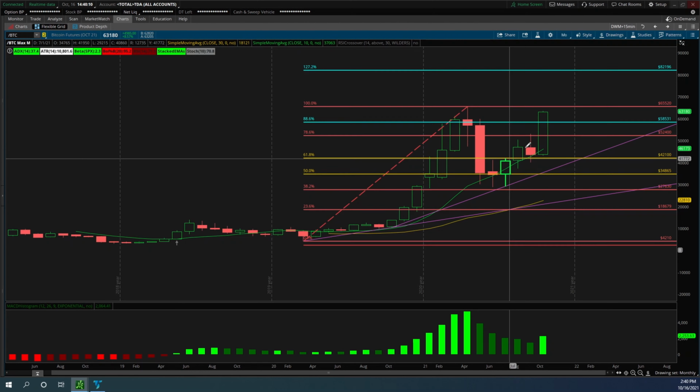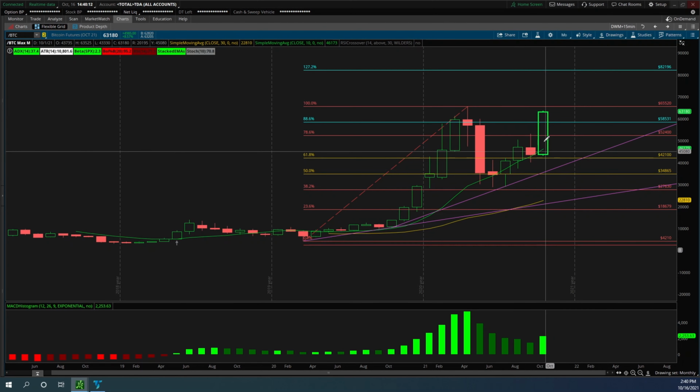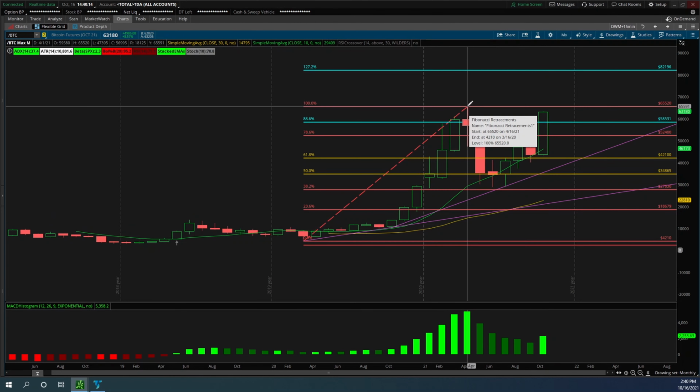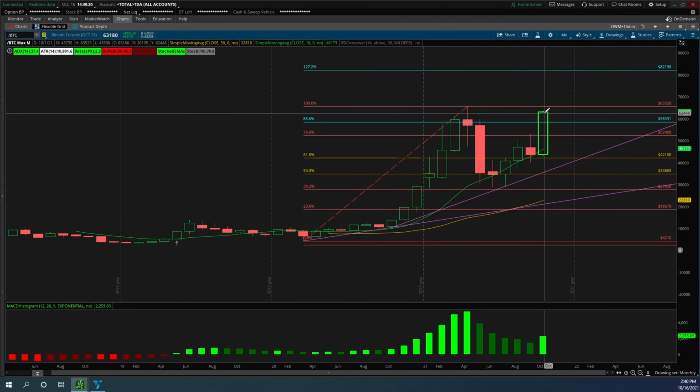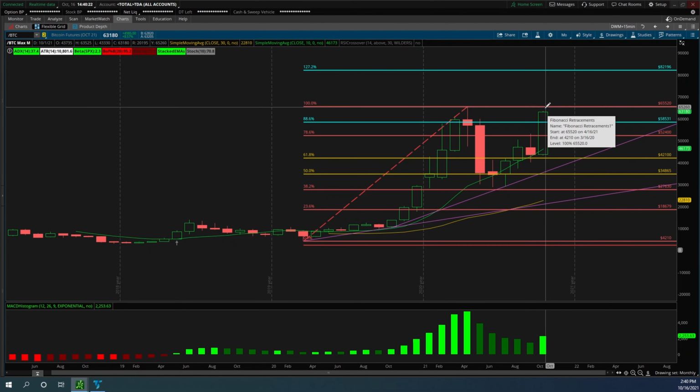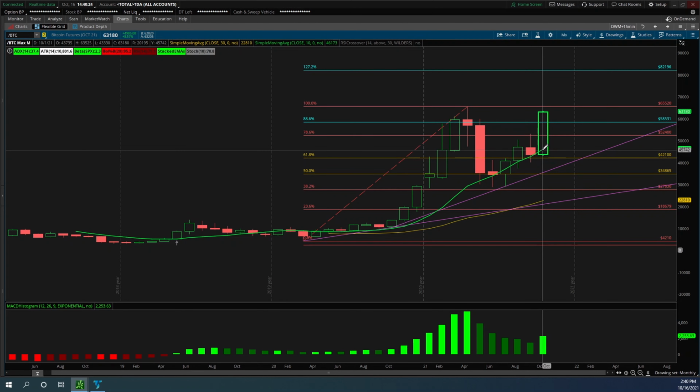So what we're seeing here is a total retracement from this high, and the expectation is actually that it's going to continue the trend, right?